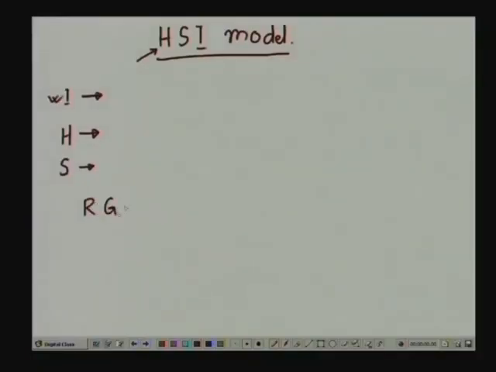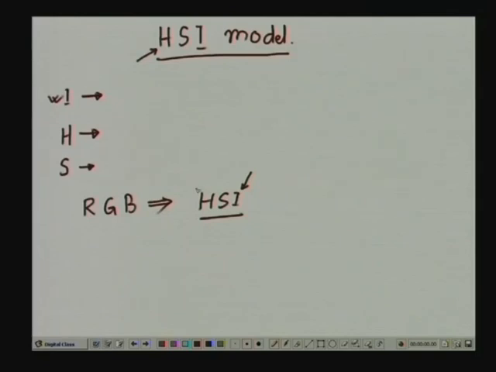Now, the problem is: given a color in RGB space, can we convert that to HSI space? This HSI model has importance in addition to human interpretation, because it decouples the intensity information from the color information.